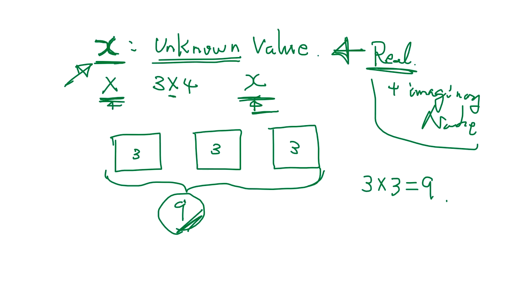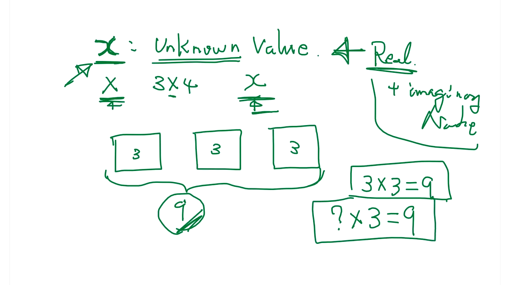We don't know how many in each box, but we know there are 3 boxes, and that's 9. So you look at this problem, you know what to do, right? You divide 9 by 3, so this must be 3. Okay, so instead of using a question mark, we use x.